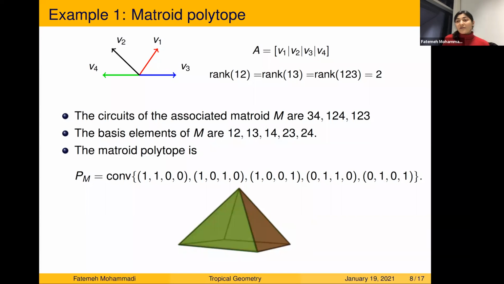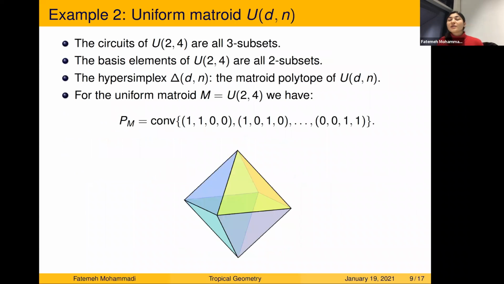Good. Let me show you another example, which is even more important: the uniform matroid U_{d,n}, which shows up when I want to define my linear spaces. To define the uniform matroid, I take the circuits to be all (d+1)-subsets of 1 to n. For example, the circuits of U_{2,4} are all 3-subsets, and the independent sets are all 2-subsets of 1 to 4.